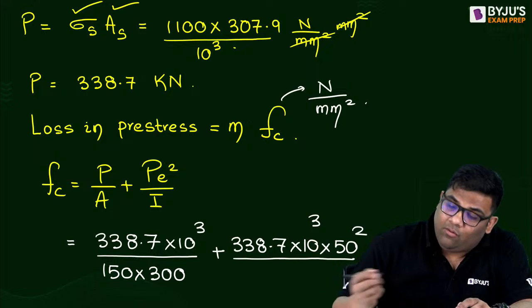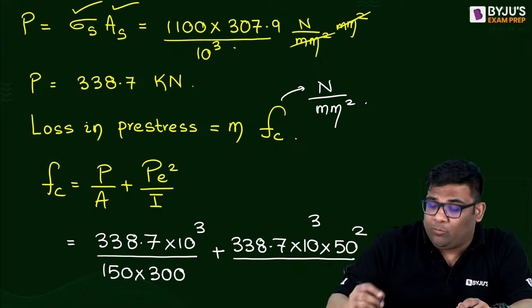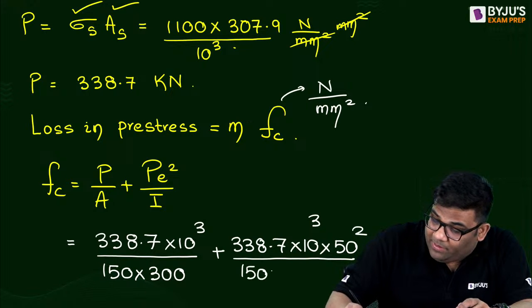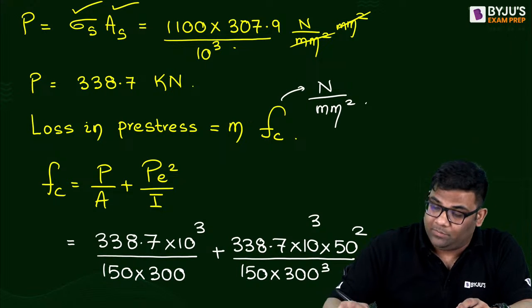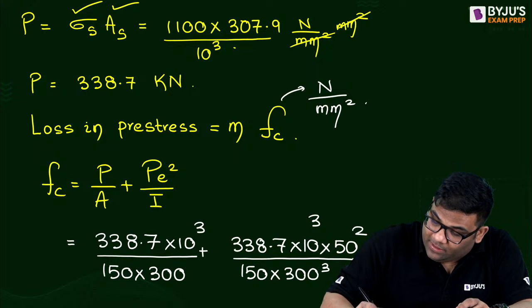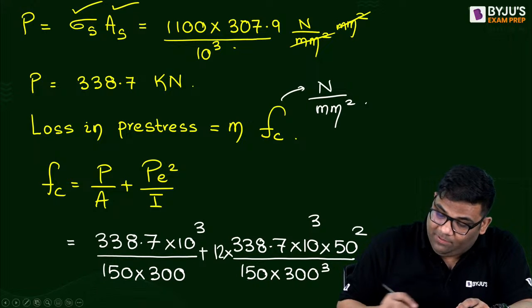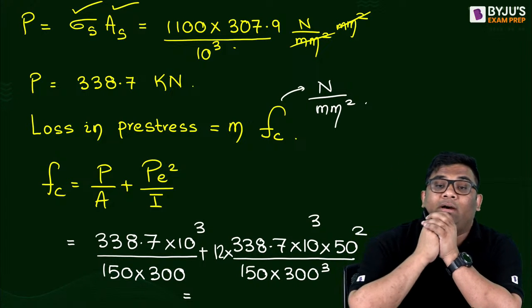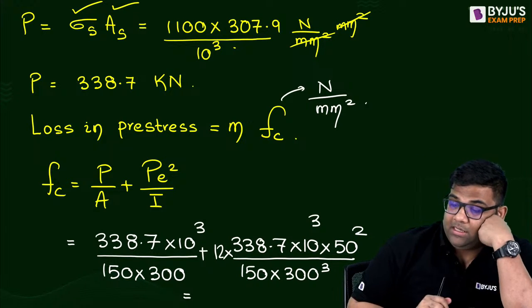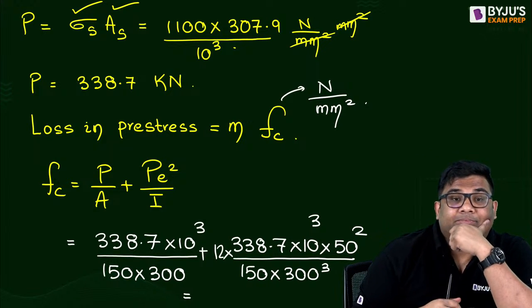Divided by I, which is bd cube by 12. So 150 into 300 cube divided by 12. Now tell me what is this fc you are getting, ladies and gentlemen. Please calculate this and tell me the value of fc.